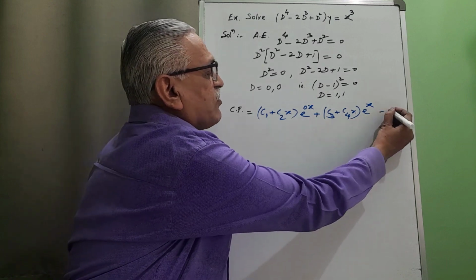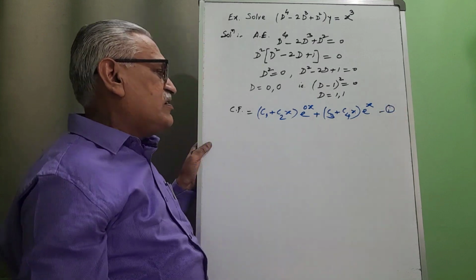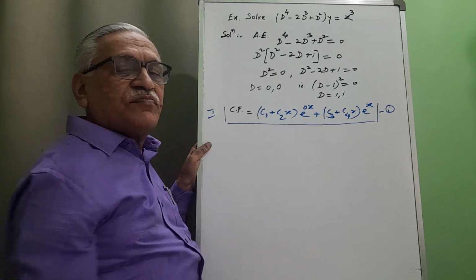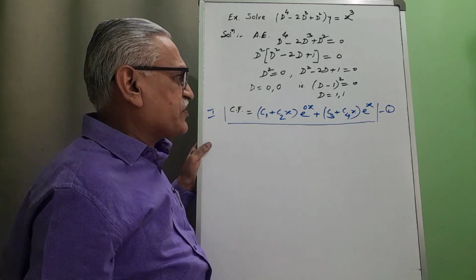We call this equation number 1, the CF. 1 mark for this step, if all steps are correct.